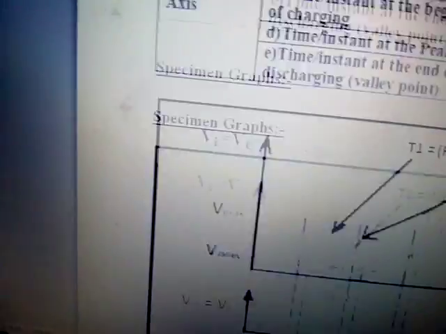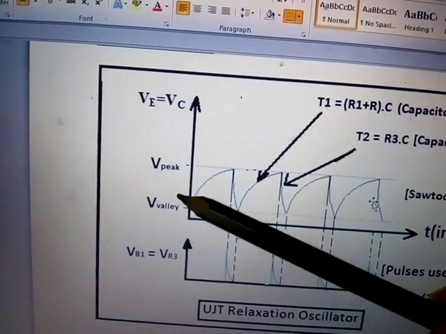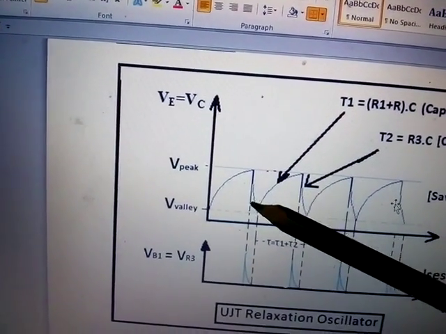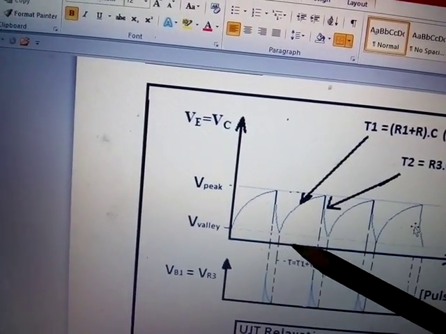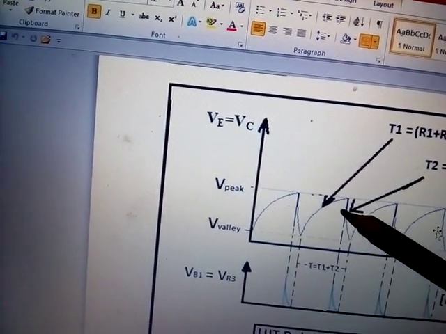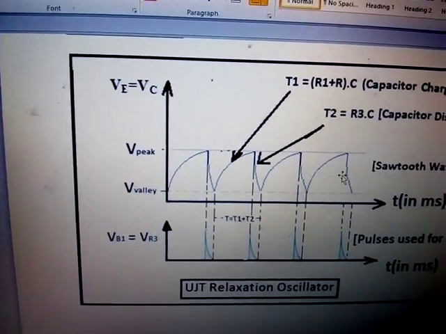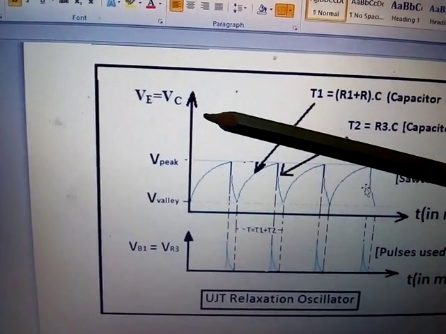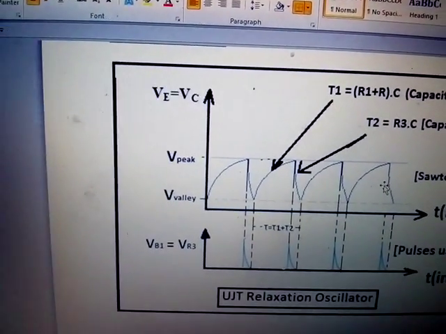So peak point voltage means this one, maximum rise. Valley point means where it descends. This is the reference, valley point and then peak point. If supply voltage is around 9 volt, you will have peak point around 6 volt and valley point around 1 volt.